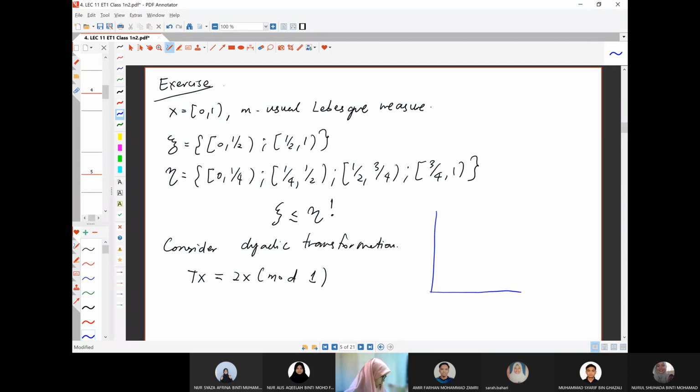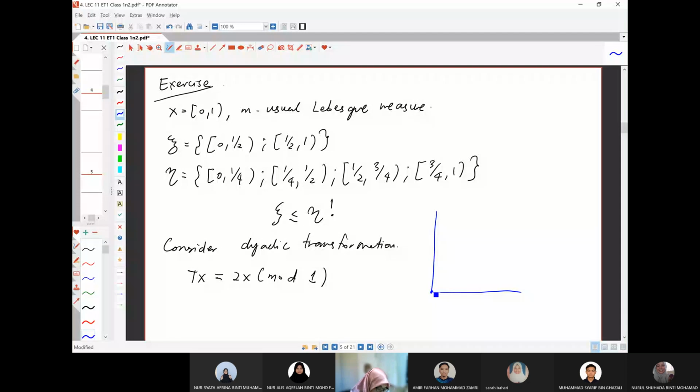So kalau x to 0, Tx is 0 lah. You got here. Since x is between 0 and 1, so you can take 0.1 for example. X2 can be 0.1, 0.2, 0.3, and it can be 0.001 and so on. So the graph will look like this.